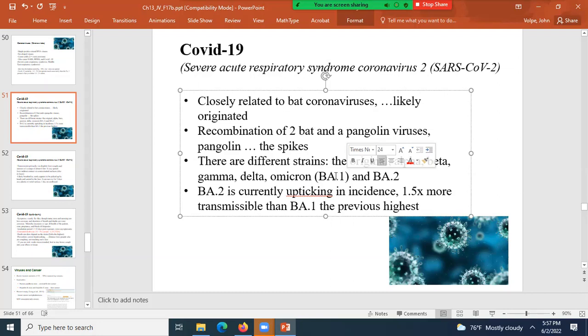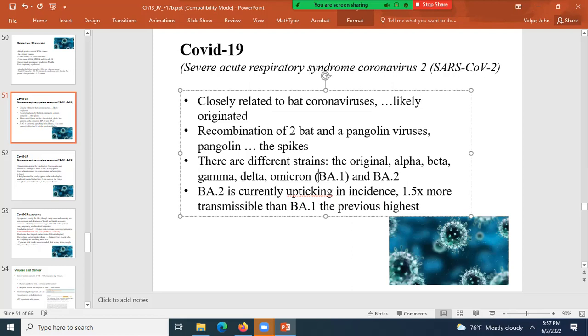All right, here's a question for you. Delta virus was the most lethal strain of COVID-19 that we know of, at least so far. It killed the highest percentage of people who became infected.